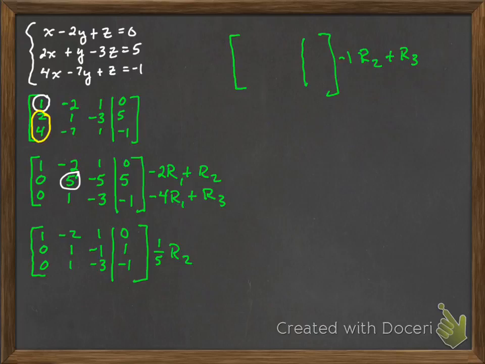All right, so once again, the top row does not change. So 1, negative 2, 1 and 0. The next row is not going to change because we got a 1 in that middle spot where we wanted it. All right, so now when you multiply this value by negative 1 and add it to this value, you're going to get a 0 here. And this 0 does not change either.